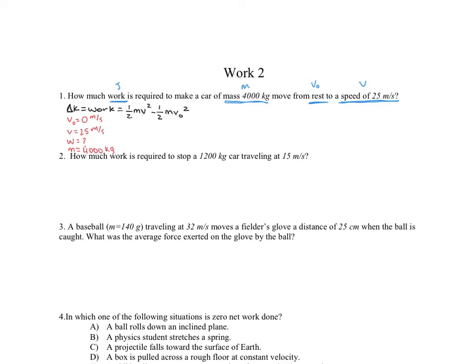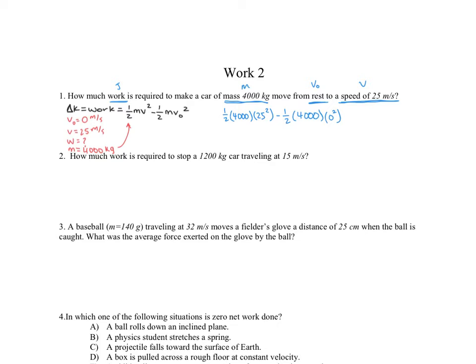Let's go ahead and plug this all into our equation. When we plug it in, we get 1/2 times 4,000 times final velocity squared, so 25 squared, minus 1/2 times 4,000 times 0 squared.